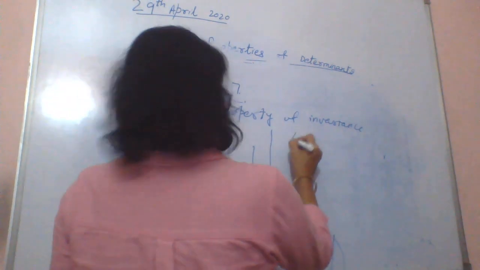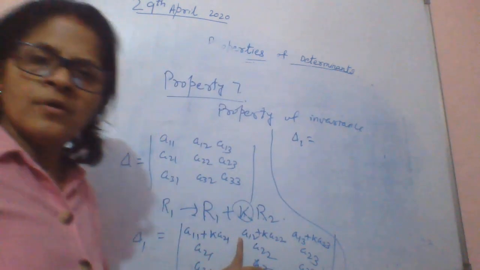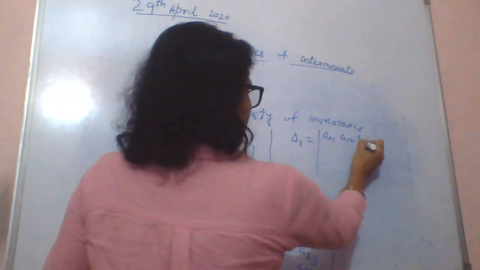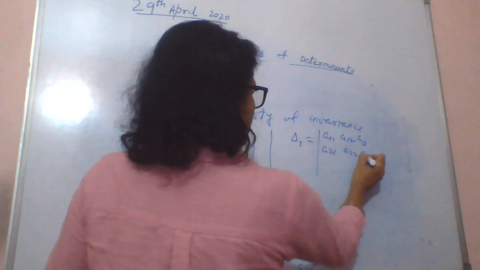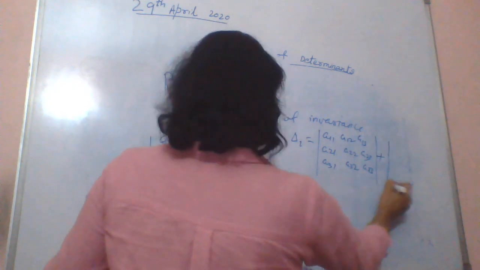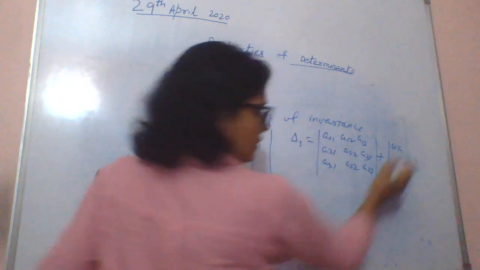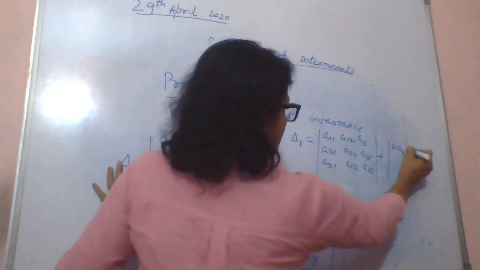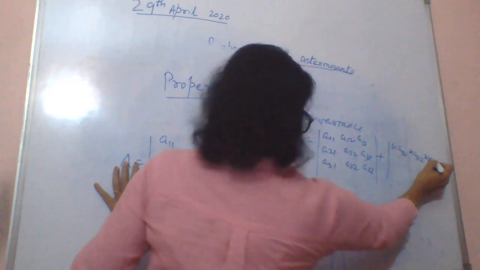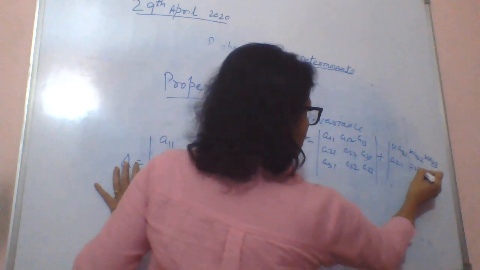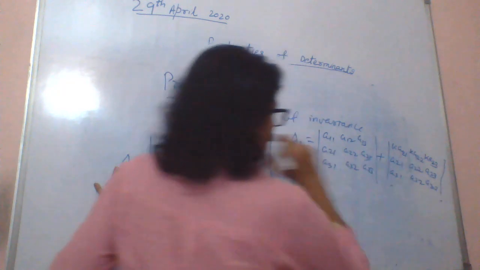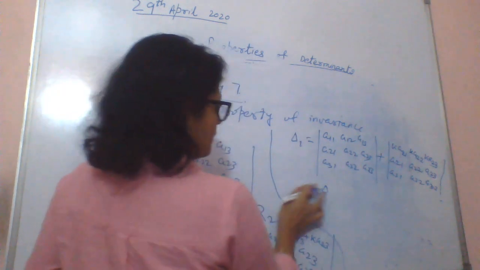So delta 1 will be split into the sum of two determinants: a11, a12, a13, a21, a22, a23, a31, a32, a33, plus k a21, k a22, k a23, then a21, a22, a23, a31, a32, a33. The first one is the original determinant delta.